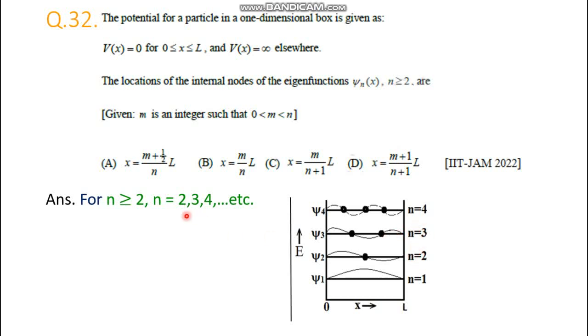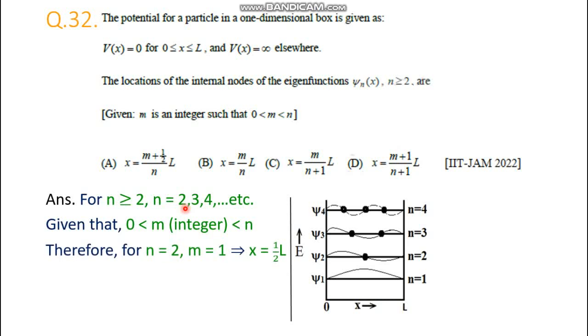So n can have the values 2, 3, 4, etc. Now for this condition where m is another integer less than n but greater than 0, for n equals 2, m must be equal to 1. In that case x is lying at half distance of L, so it is half L.